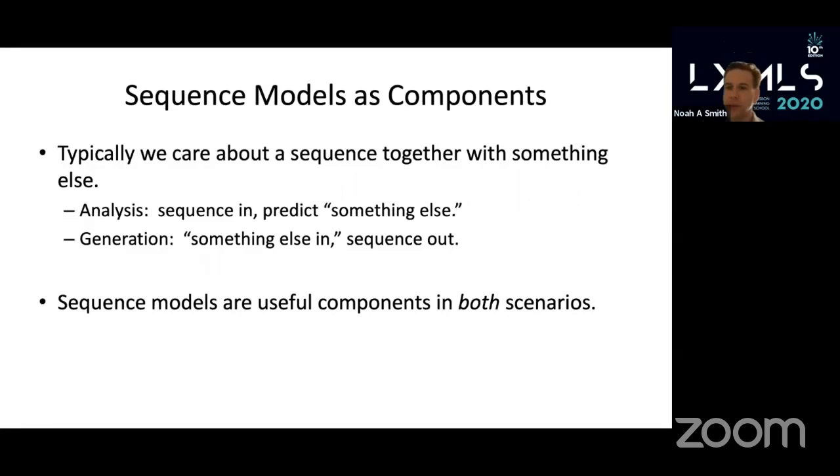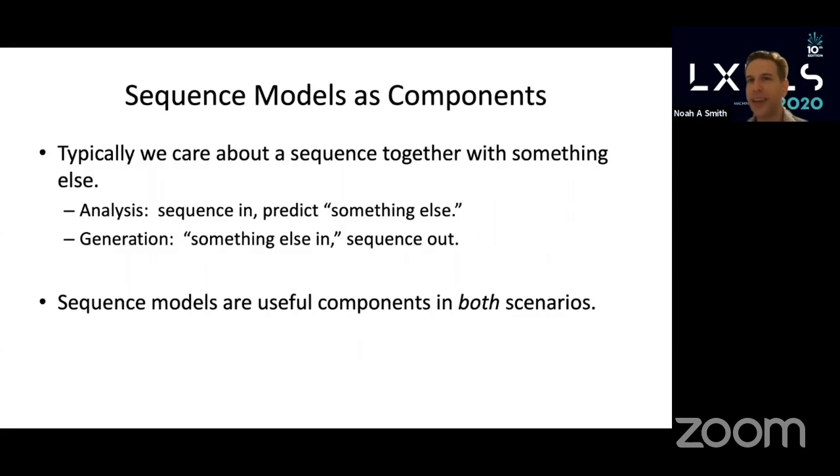Okay, so how do we use these sequence models? I've been talking a lot about how we build them and different kinds of assumptions, and I gave you the foundational language models and then talked very briefly about how they've evolved. Once we have a really good language model, what do we use it for? There are essentially two kinds of tasks that involve sequences.